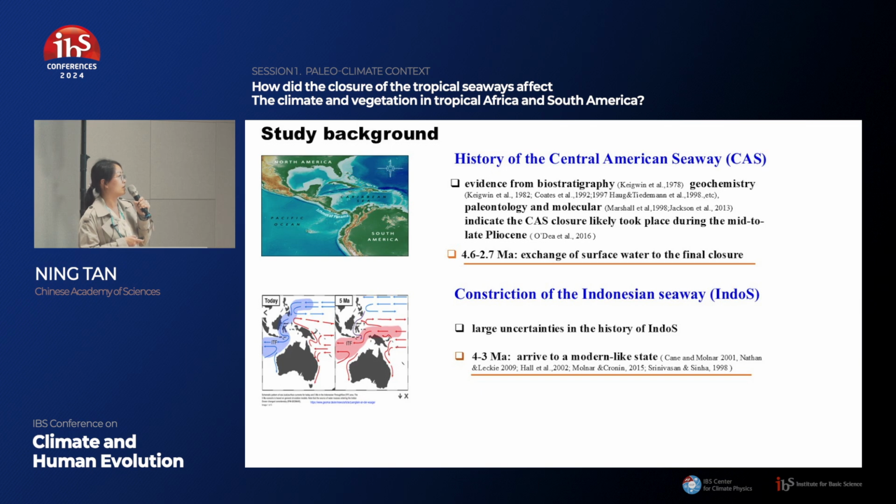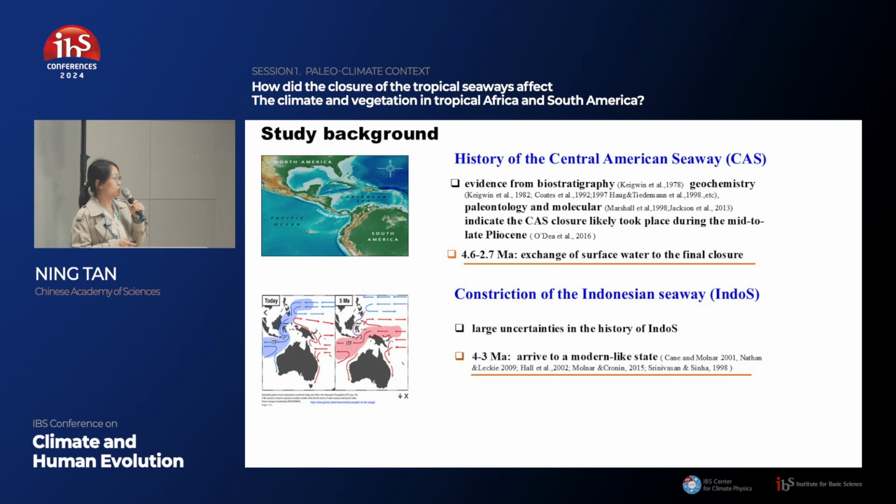Many proxy data have revealed that this seaway was open before the late Pliocene, and it experienced a critical shoaling or closure process during the early to mid Pliocene, and became confined to a shallow state.